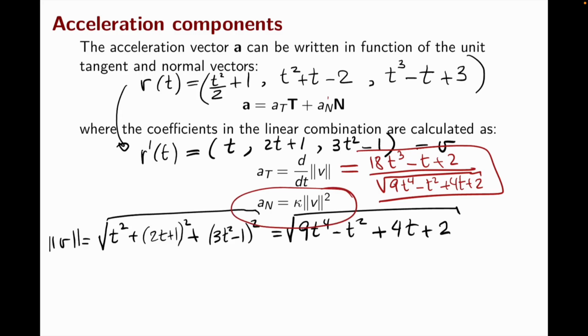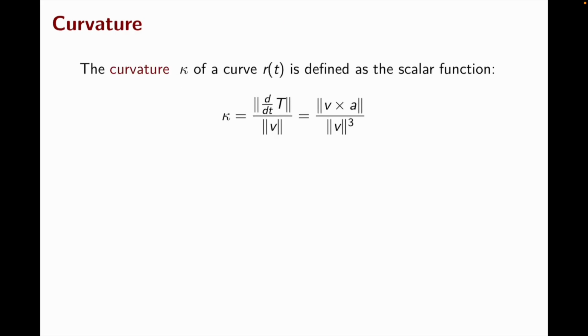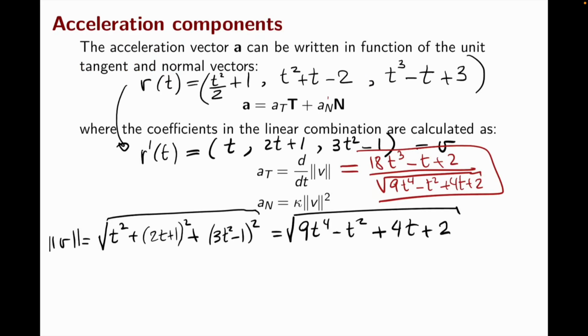To calculate the normal component, we need to calculate the curvature. Let's recall how to calculate the curvature. For the curvature, we can either take the derivative of the tangent vector, its norm, and divide by the norm of v, or we can do this other alternative here. So this is the velocity. I think that the velocity cross product with the acceleration will be the best path here.